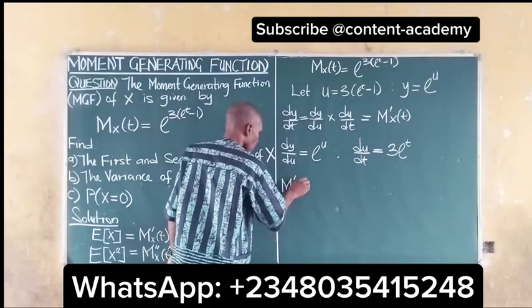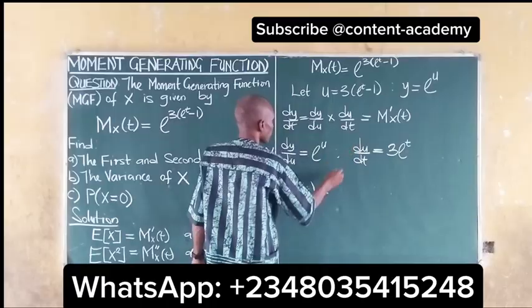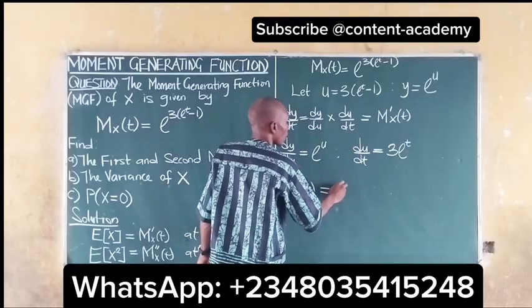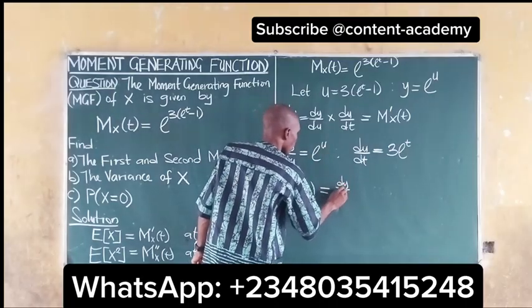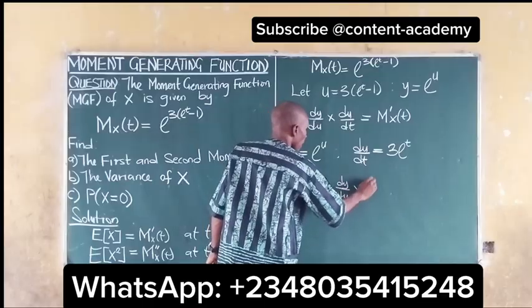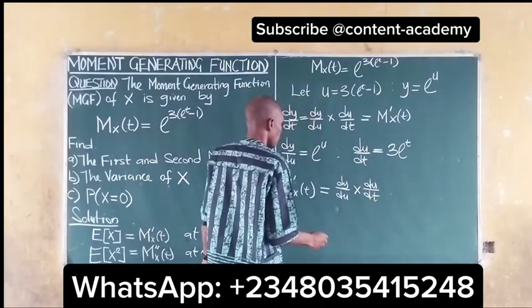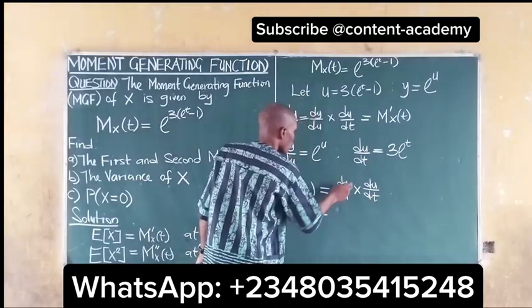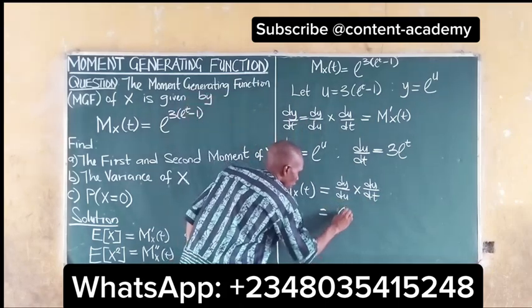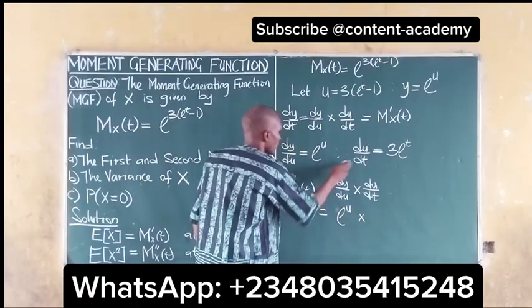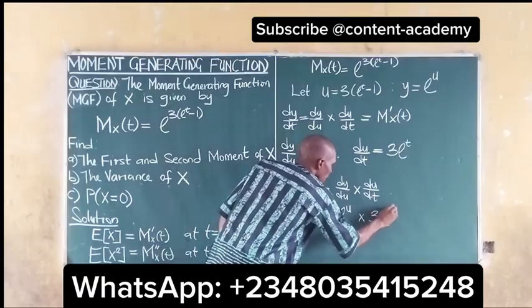Our first moment will be equal to dy/du multiplied by du/dt. We have dy/du to be e raised to the power of u, multiplied by du/dt, which is 3e^t.